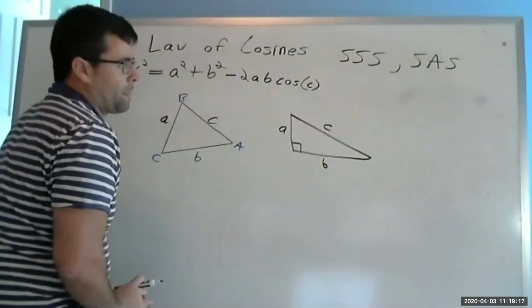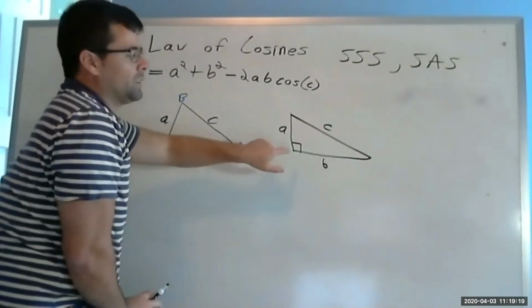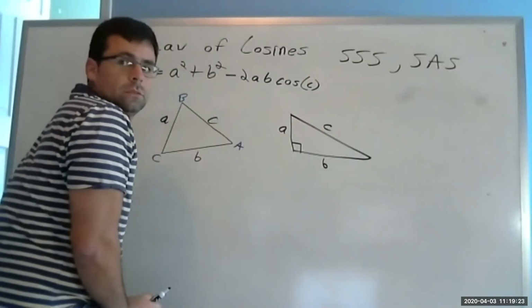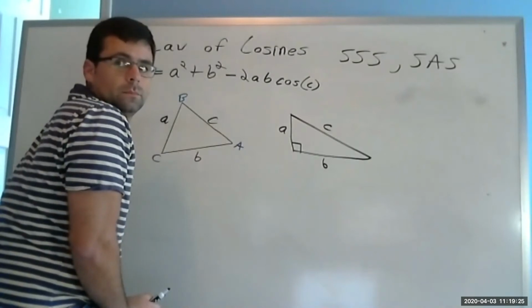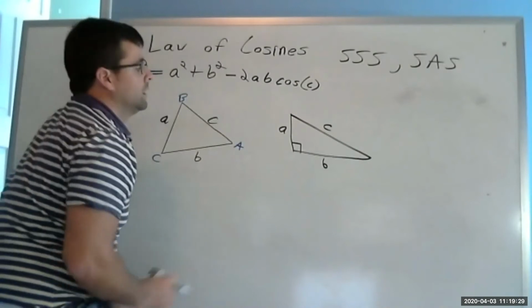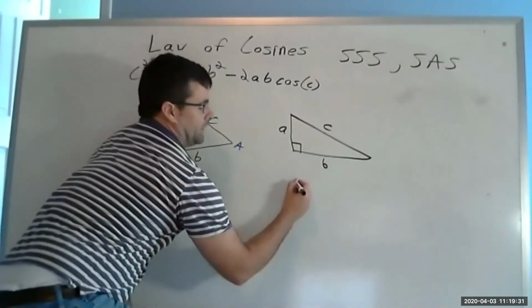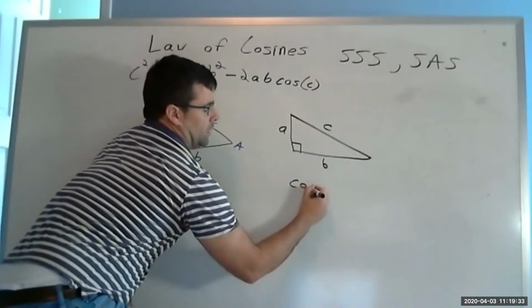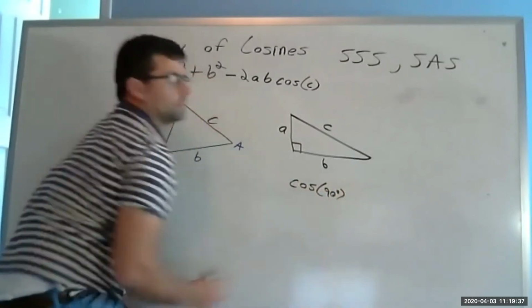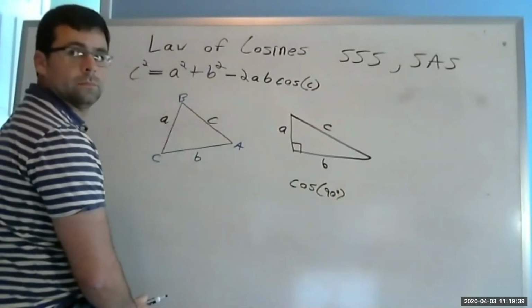Okay. So what is angle C in this triangle? 90. So what is cosine of 90 degrees? 0.